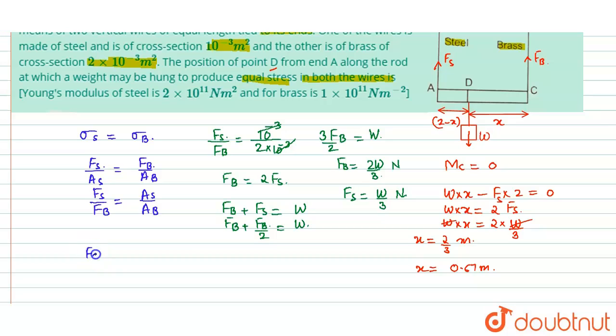For end A, the position will be 2 minus 0.67, which gives you 1.33 meters. So both can be the answers. If you take the position from end A, the answer is 1.33 meter, and if you take it from end C, the answer is 0.67 meter.